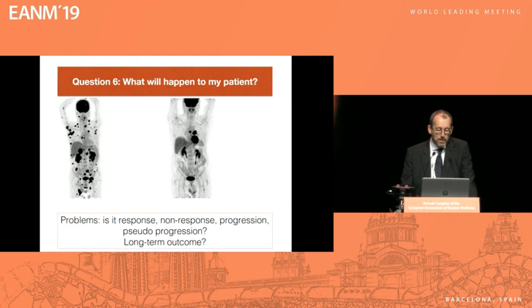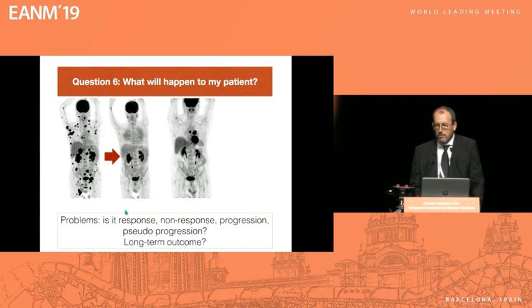Especially with these new treatment regimens, here we have metastatic melanoma treated by immunotherapy. You can see here a complete response, so a very good response. That's interesting. So we want the AI algorithm to recognize the response, but you can also see here increased uptake in the lungs. That may be a complication of the treatment. So ideally, we would like the AI algorithm to also recognize that. So that's another problem to be solved.